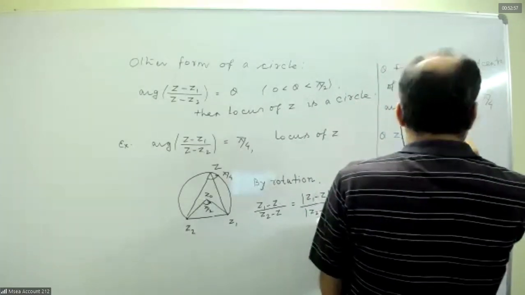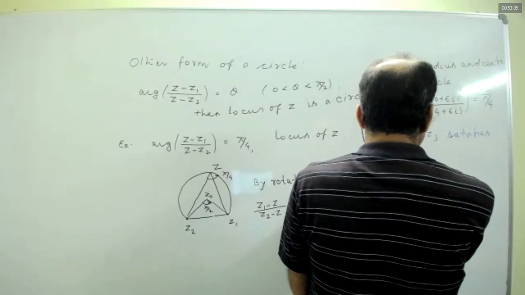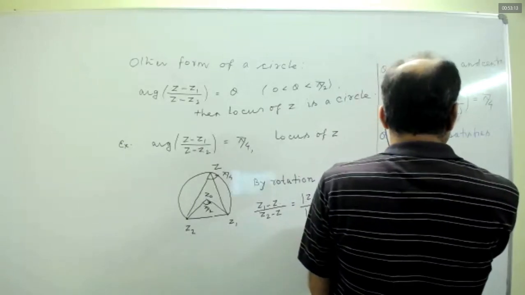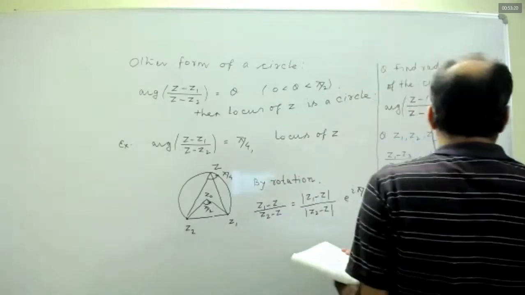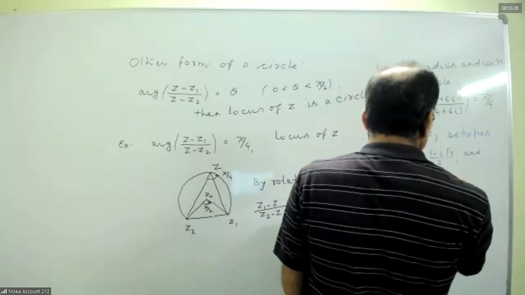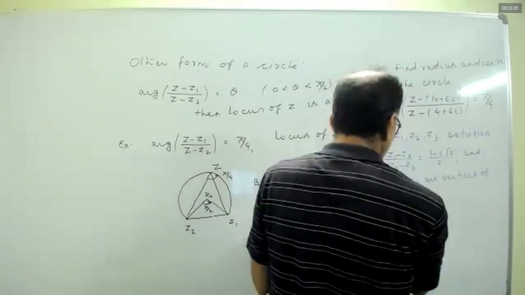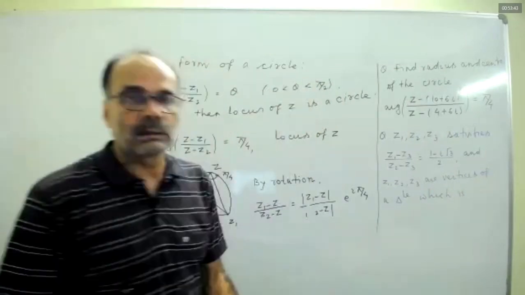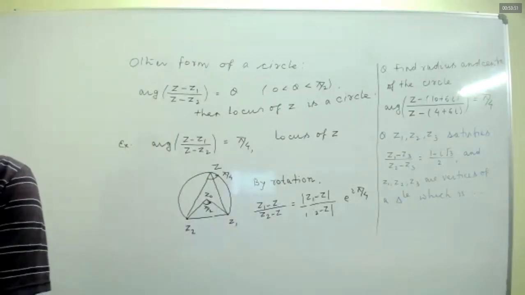Z1, Z2, Z3 satisfy (Z1 minus Z3) by (Z2 minus Z3) equals (1 minus i root 3) by 2, and Z1, Z2, Z3 are vertices of a triangle which is scalene, right angle, isosceles, or equilateral. We have to find it. Okay, sir.